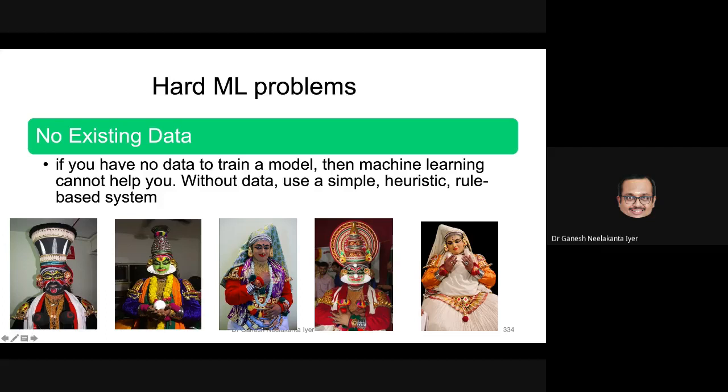But by seeing the color and the combination of the image, can the algorithm determine it? Again, the data set was a problem, no existing data. So we built a data set and made a deep learning algorithm, convolutional neural networks, which helped me get 70% accuracy. For a first round, 70% accuracy is not bad. So one reason for hard ML problems is no existing data.